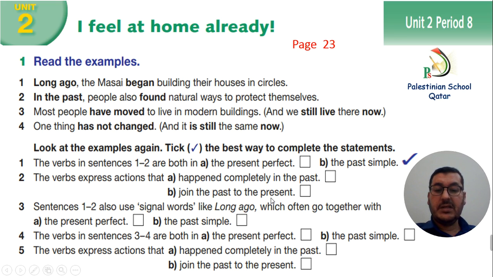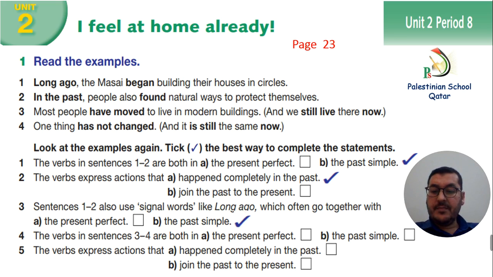Of course, completely in the past. Number 3, sentences 1 and 2 also use signal words like long ago, which often go together with the present perfect or past simple. Of course, past simple.